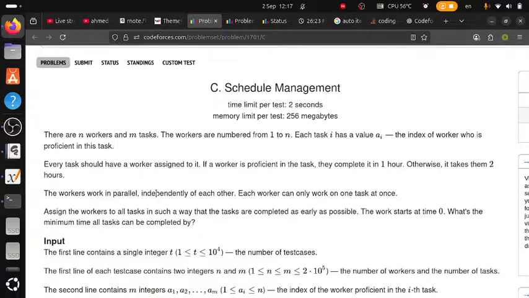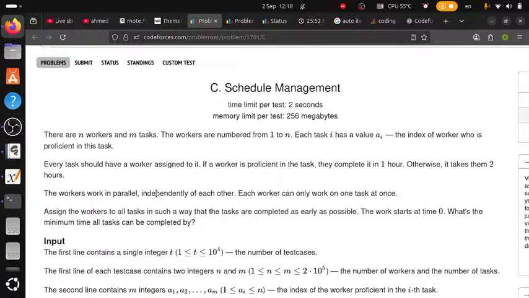Each task i has a value ai, and the index of the worker who is proficient in this task.